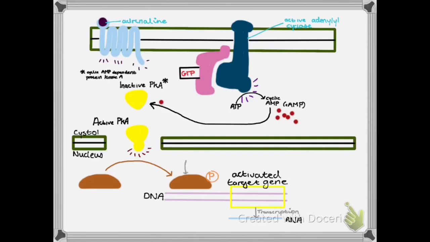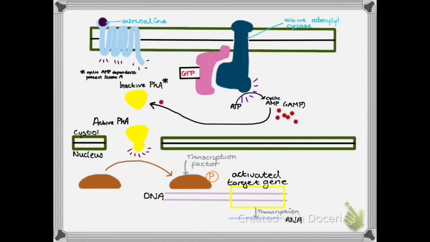This activates your protein kinase A. Your activated protein kinase A then phosphorylates, aka activates, a transcription factor, which then activates a target gene ready for transcription, which forms your mRNA, which is then used in translation.